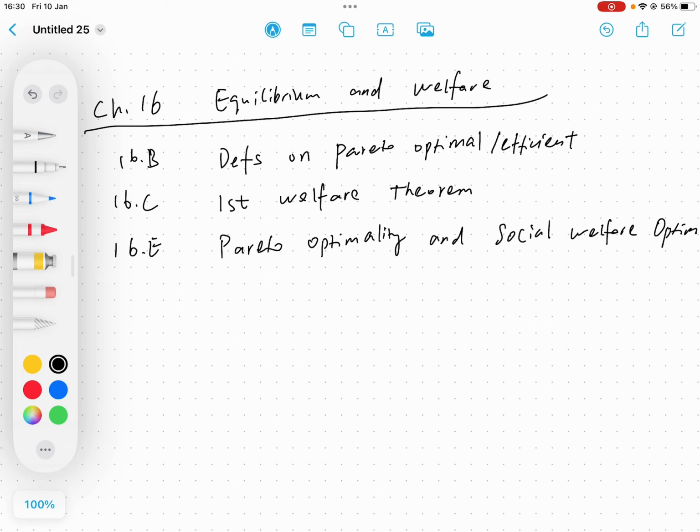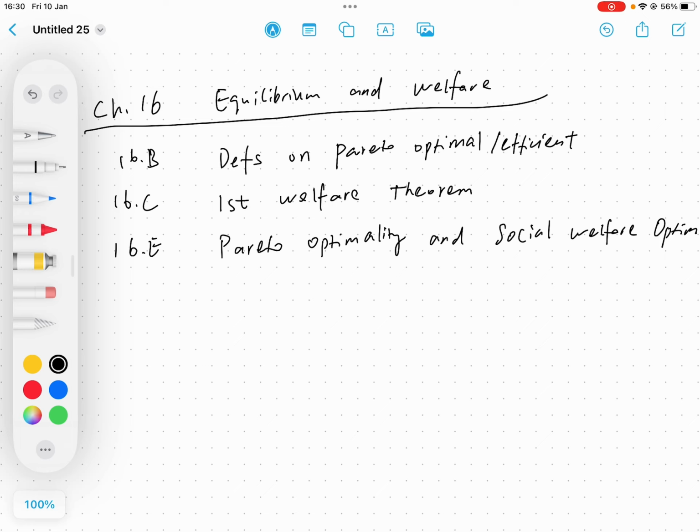Okay, good. So in this chapter, we're going to select several topics. In the beginning, we need to define equilibrium and welfare, and a very important concept in measuring social welfare, which is called Pareto optimal, or Pareto efficiency. So that's going to be 16.B.